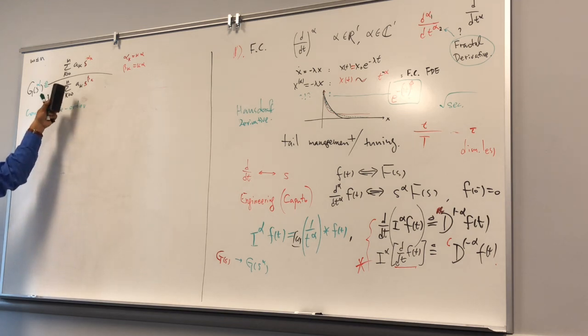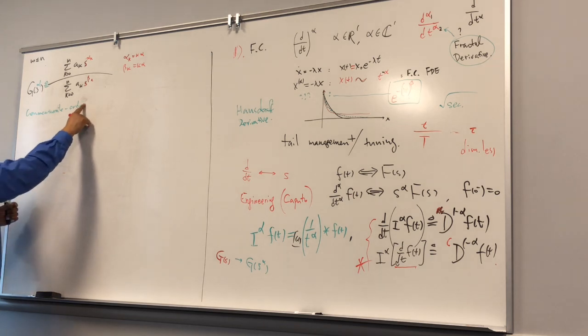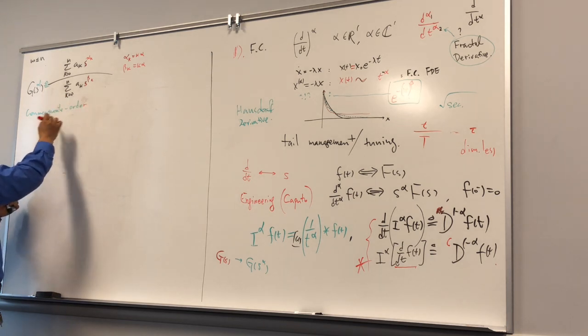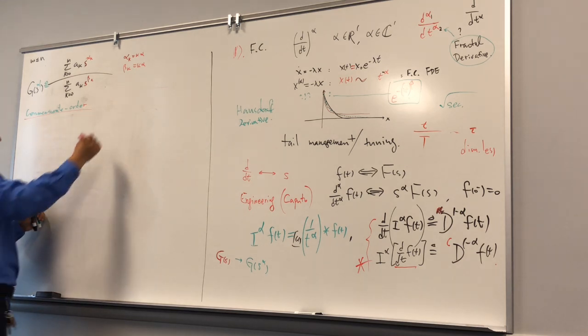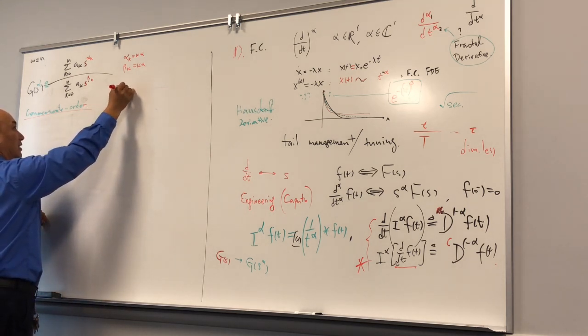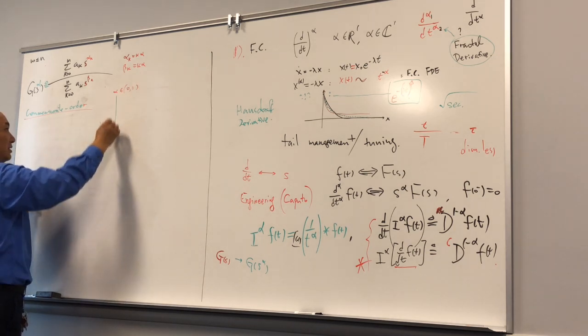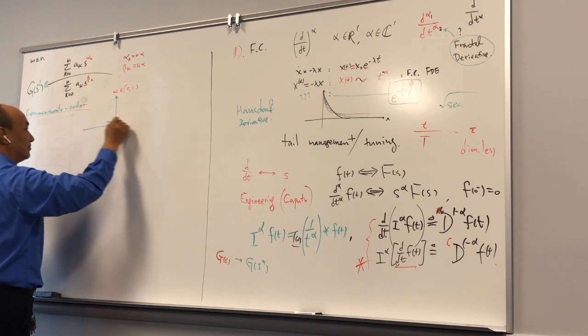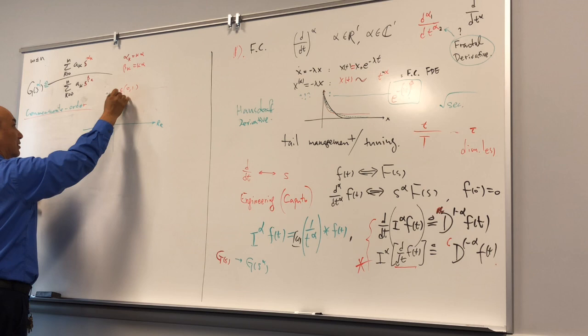And how do we check the stability of this one? If you have an idea how to solve for all the roots, and the roots are in the left half plane, of course it is okay. But in the commensurate case, you can always say, let's say alpha is from 0 to 1, so then you replace this one and get this. So this is the real part, imaginary part.